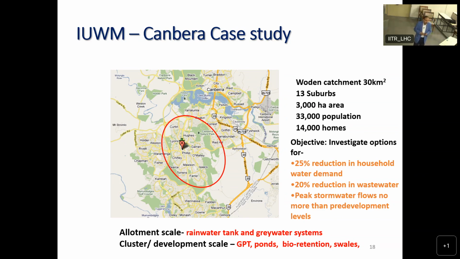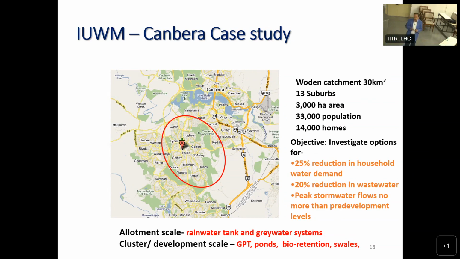So they asked us, okay, this is the suburb, a particular catchment, the total area and the population and number of houses. That includes roads, open space, and other. They wanted us to do some analysis and see what can be the means to achieve those objectives.